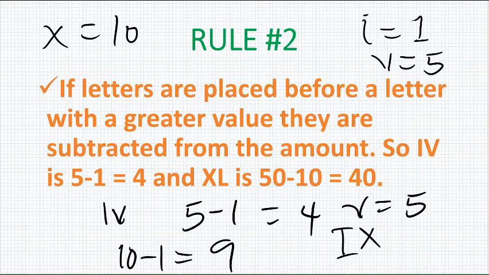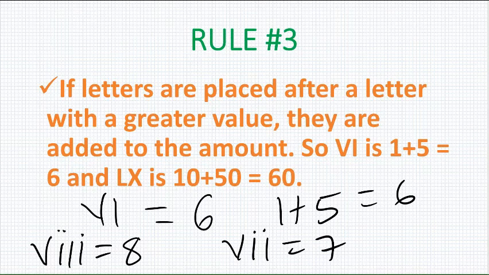So how do I find 11? 11 is going to continue from X. So XI, which is 10 plus 1. Remember rule number 3, 10 plus 1 will give us 11.